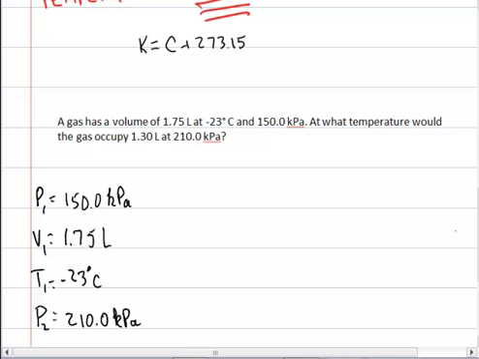Actually, let me show you that one. If we take minus 23 and we add 273.15, when you do that addition, you're actually going to subtract 23 from 273, and you get 250.15. However, remember our rules for sig figs for addition and subtraction: you round to the column of the leftmost last significant figure. The last significant figure in that number is a 3.